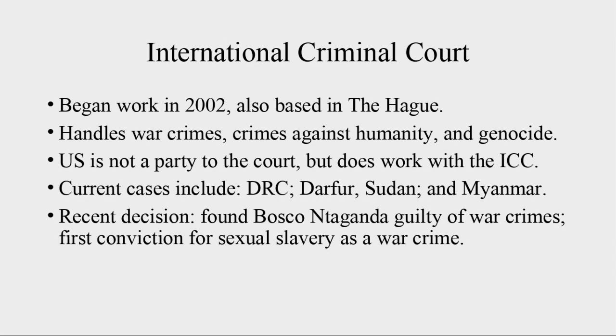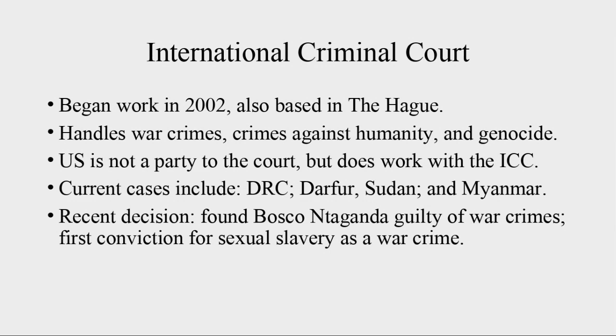And the ICC is responsible for a couple of important decisions. In 1998, they released the first conviction for rape as an act of genocide in Rwanda. And then at the end of 2018, they found a Congolese leader, Bosco Ntaganda, also known as the Terminator, guilty of war crimes, including the mass enslavement of women for sexual slavery.